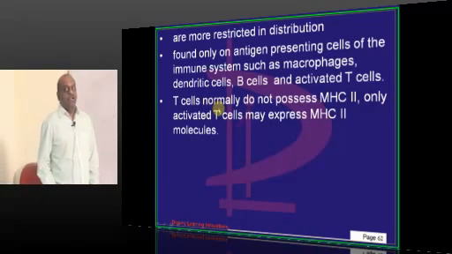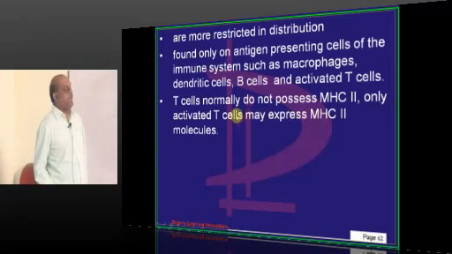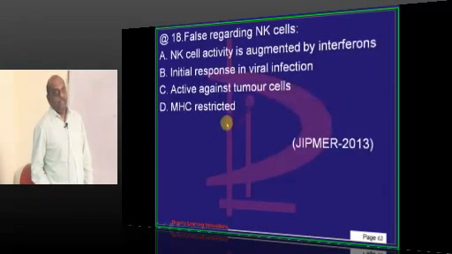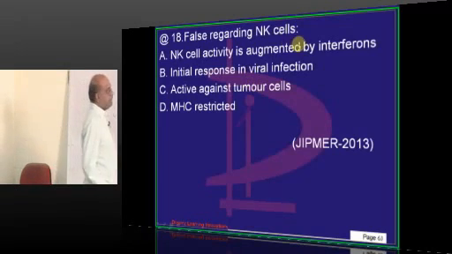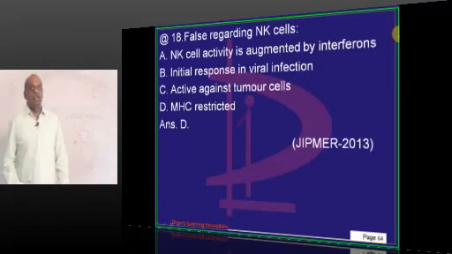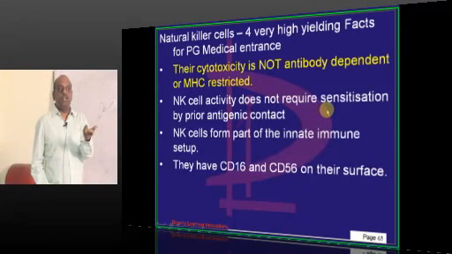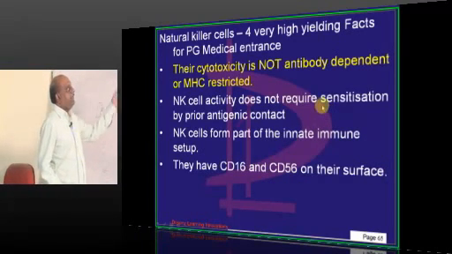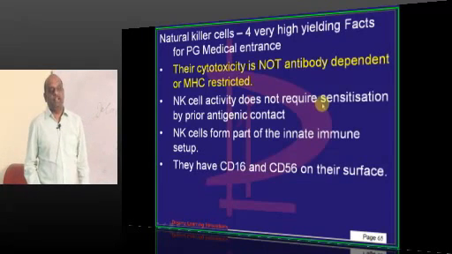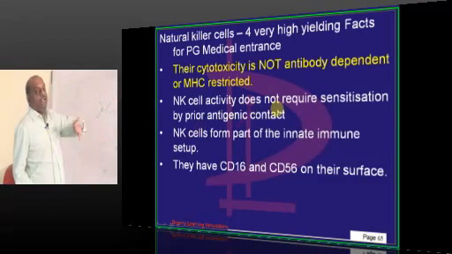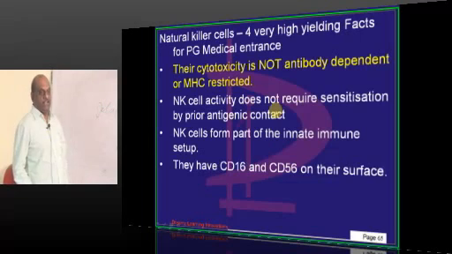Then another thing, T cells do not possess MHC2, but activated T cells possess MHC class 2. Coming to the NK cells, what is their speciality? Their cytotoxicity is not antibody dependent or MHC restricted. Right? So NK cell activity doesn't require prior sensitization.